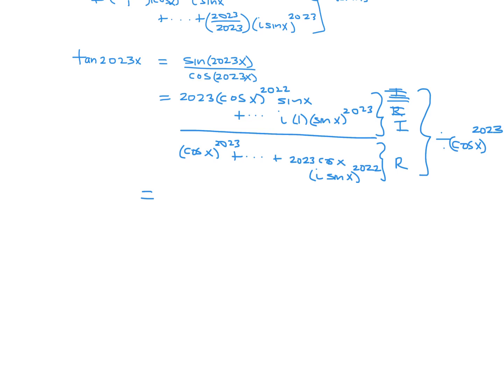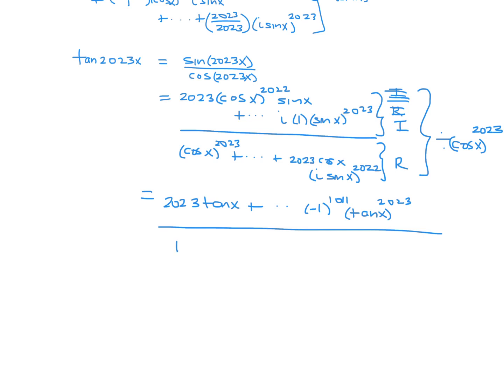Okay, so then this would be 2023 tan x plus ..., and then this would eventually become -1 to the 1011 tan x to the 2023. And then on the bottom we'll have 1 plus ... all the way to 2023 times -1 to the 1011 tan x.